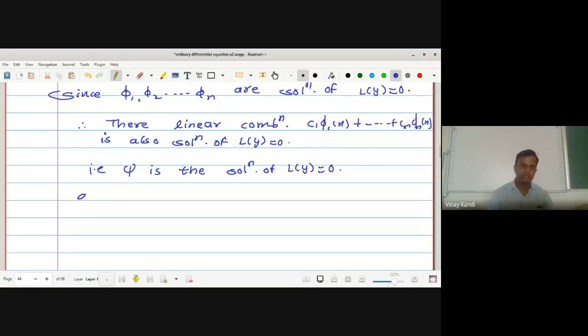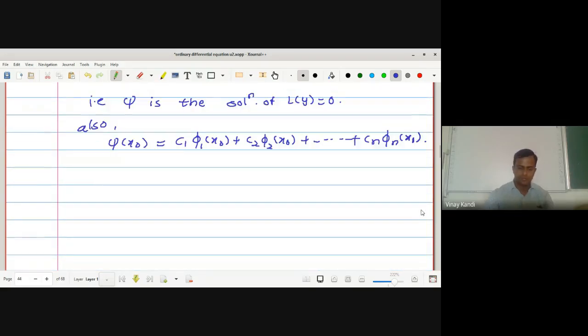Okay, and also what is psi of x naught? Put x is equal to x naught. Here we get c1 phi 1 of x naught plus c2 phi 2 of x naught plus up to cn phi n of x naught.